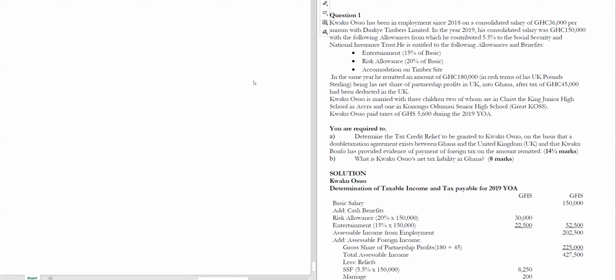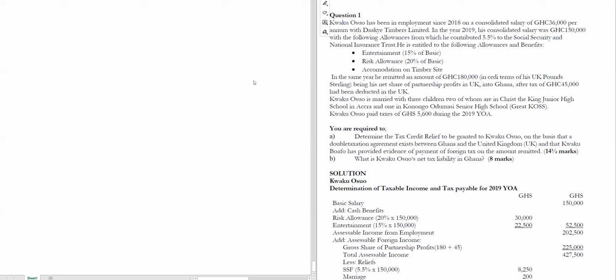In the same year, he remitted an amount in cedi terms of his UK pound sterling, being his net share of his partnership profits in UK into Ghana after tax of 45,000 had been deducted. So the amount he brought wasn't net or it was gross? Net.